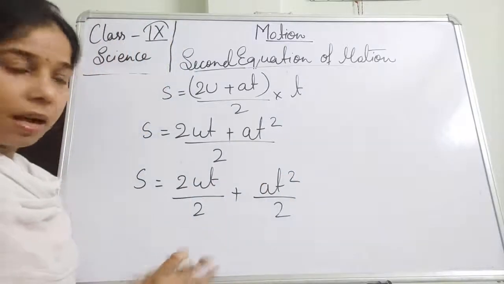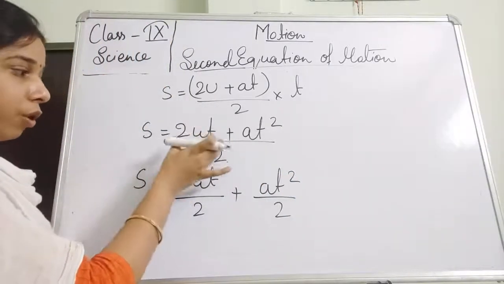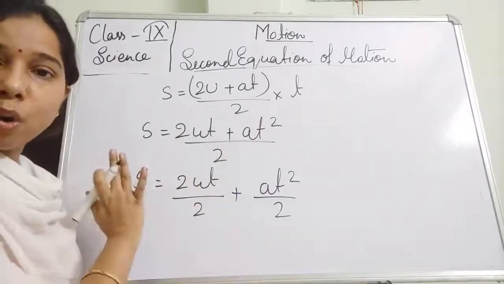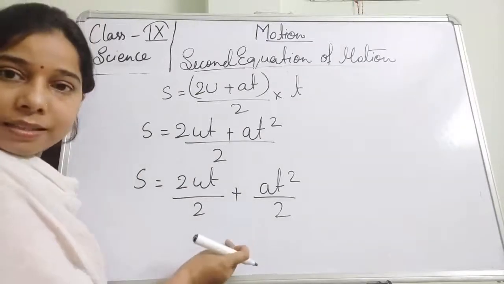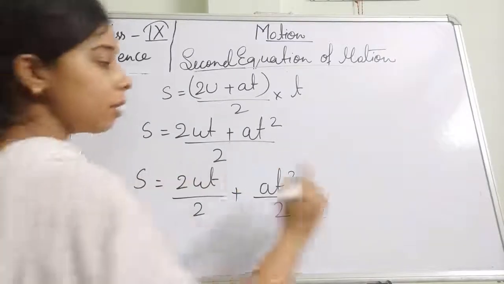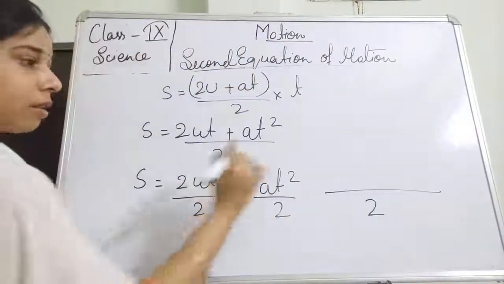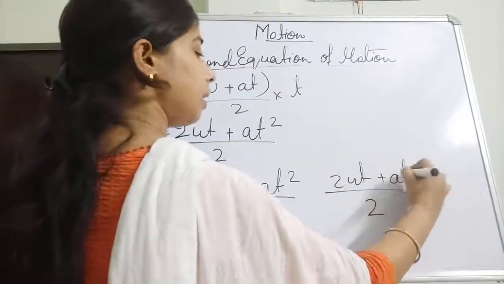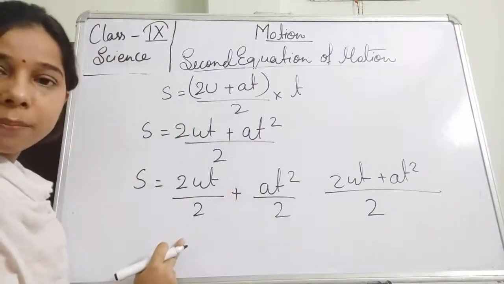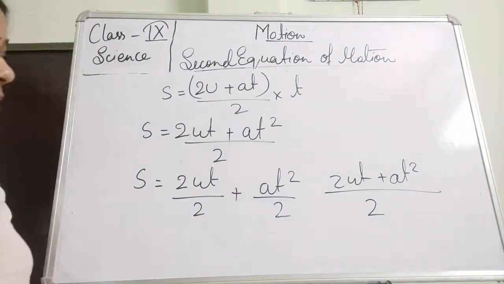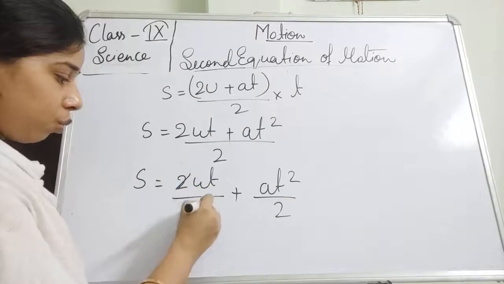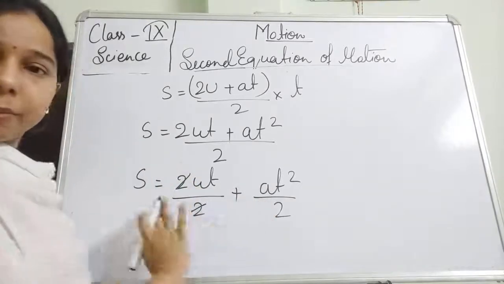This is the same thing only. I am simply taking the 2ut in the first part of the numerator, then the second one. There is no change. If you take the LCM of these, it will become 2 in the denominator and 2ut plus at square in the numerator. So there is no difference between this one and this one, and we can also write this equation in this form. After writing it in this form, you will get that this 2 will cancel, and it will remain the same.